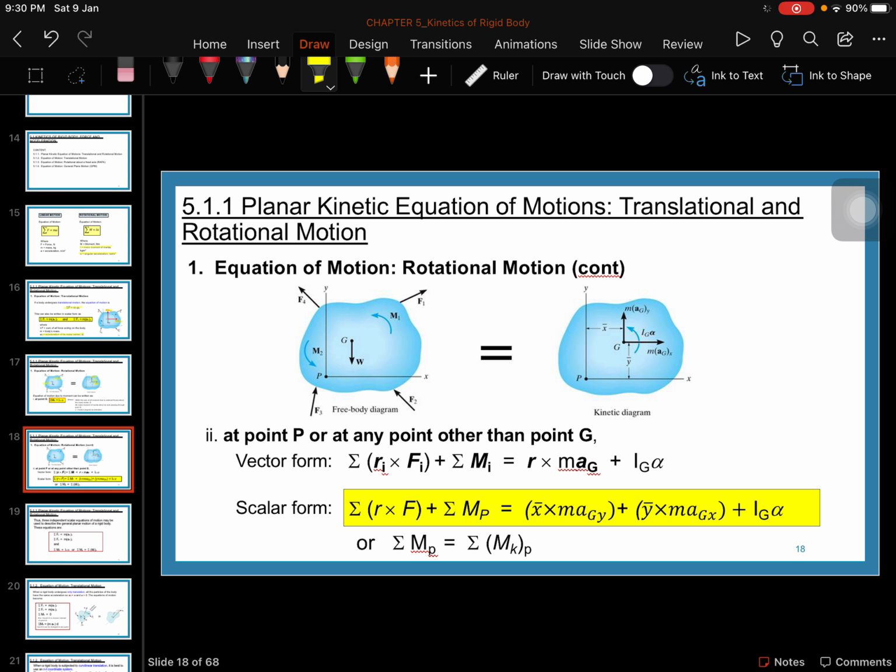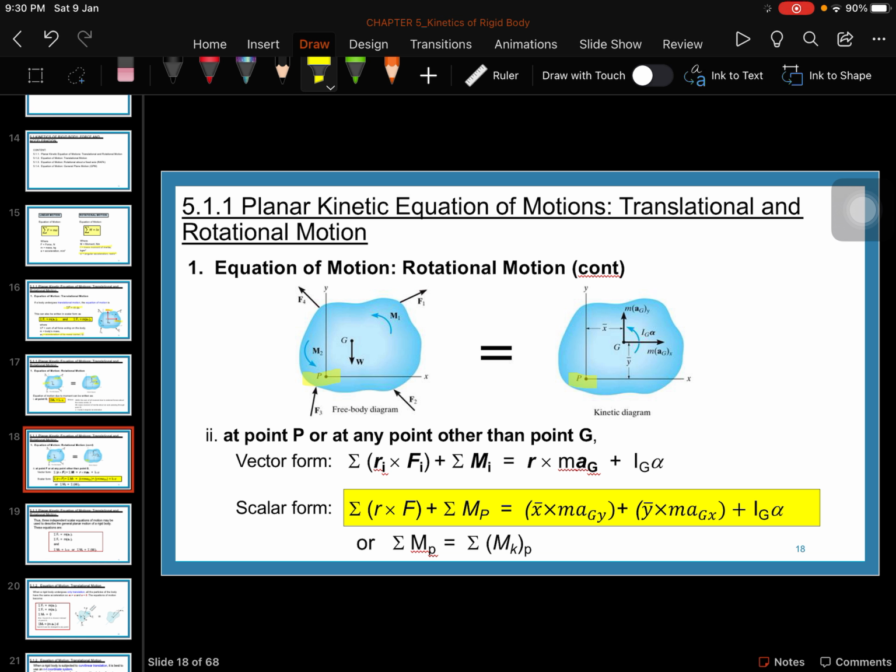Okay, next at point P. At point P here, or any point other than point G, in vector form, the summation of Ri times Fi plus the summation of moments equals R times Aag plus Ig alpha.